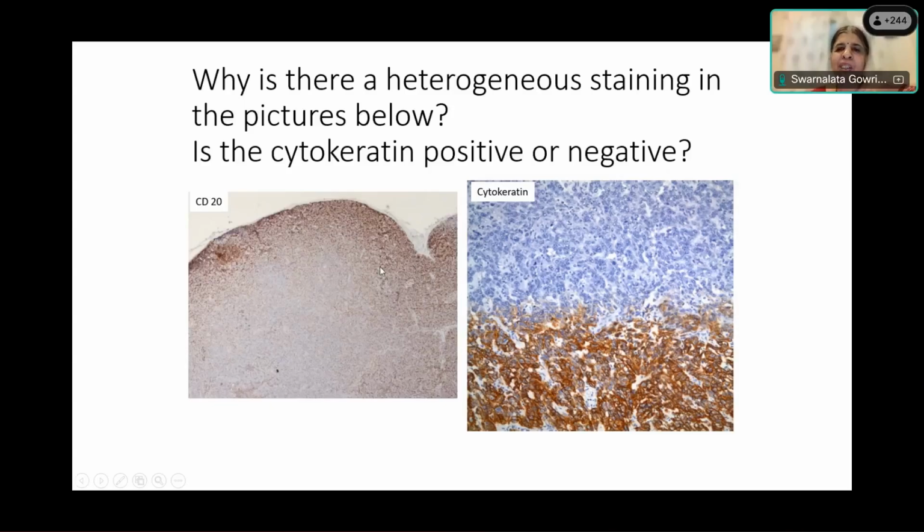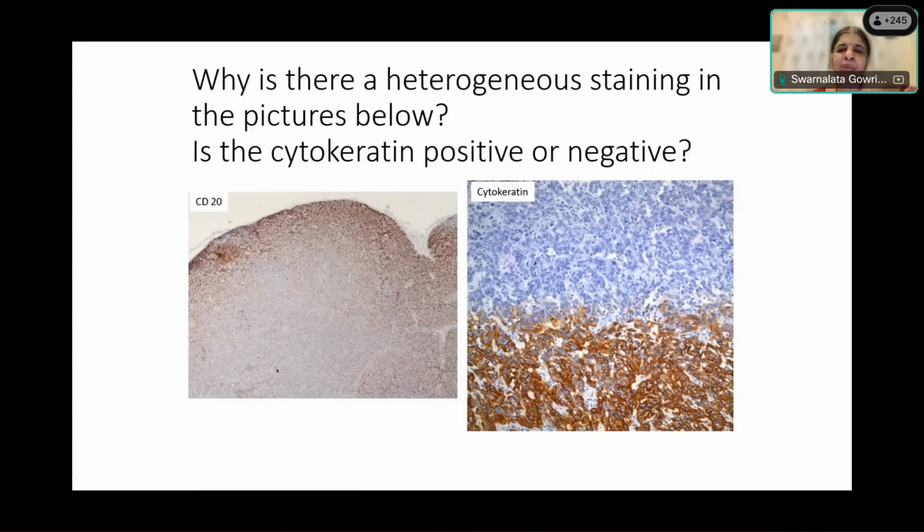Poor fixation, poor processing. If you get very thick sections, you will find that only the periphery sort of stains, and in the center you will just have nothing. You wasted this whole lot of reagent time only for you to look at the periphery and try and come to a conclusion. That is unfair.